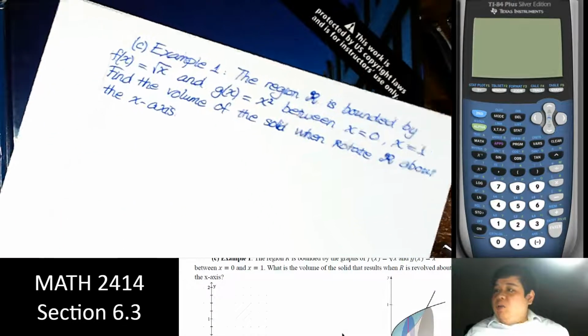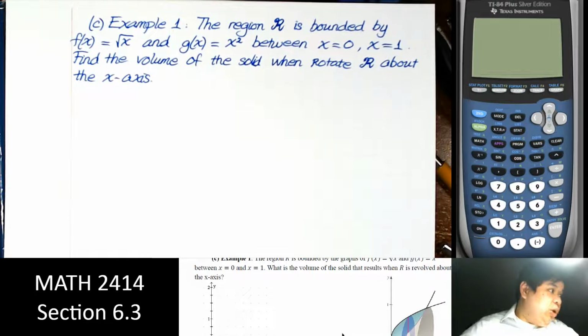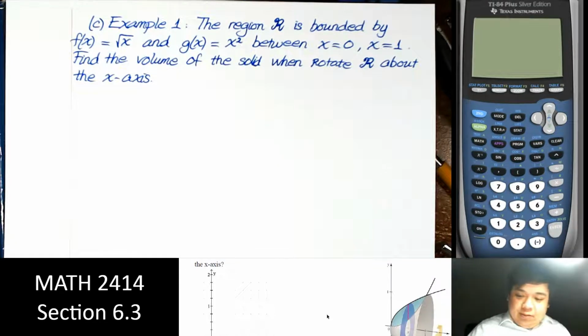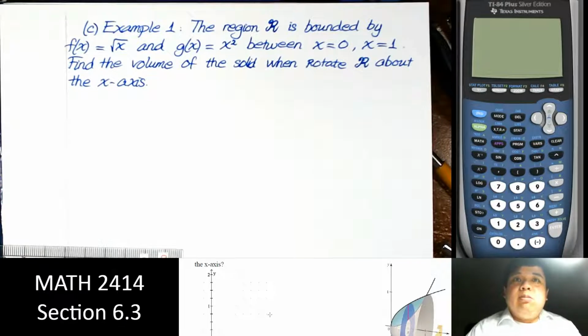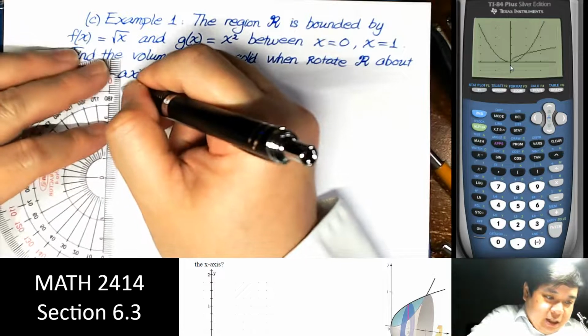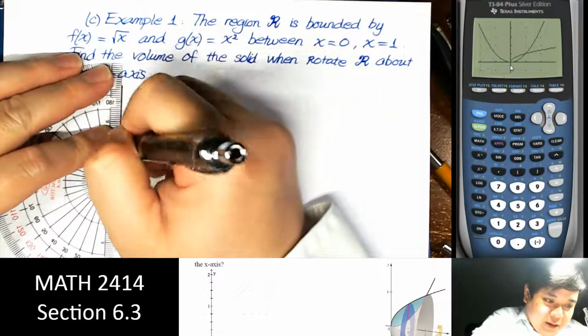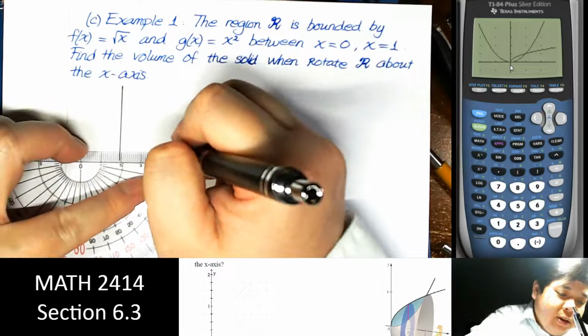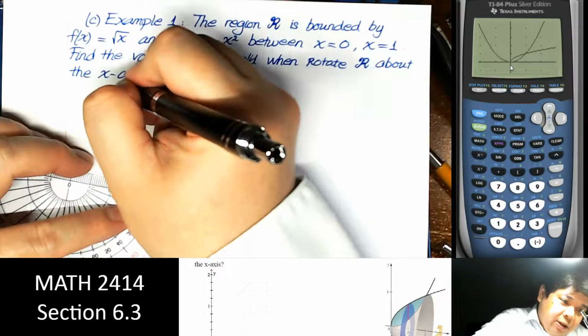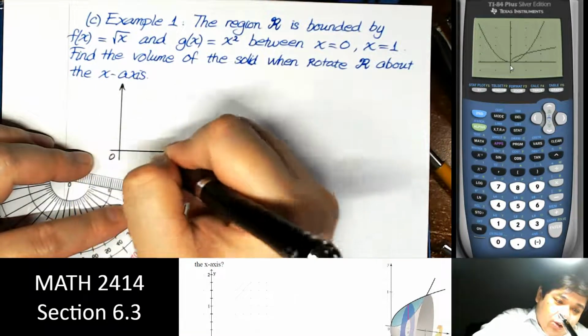First we have to sketch the region script R. So let's see. Pretty much x squared and square root of x, pretty simple. It's only from 0 to 1.